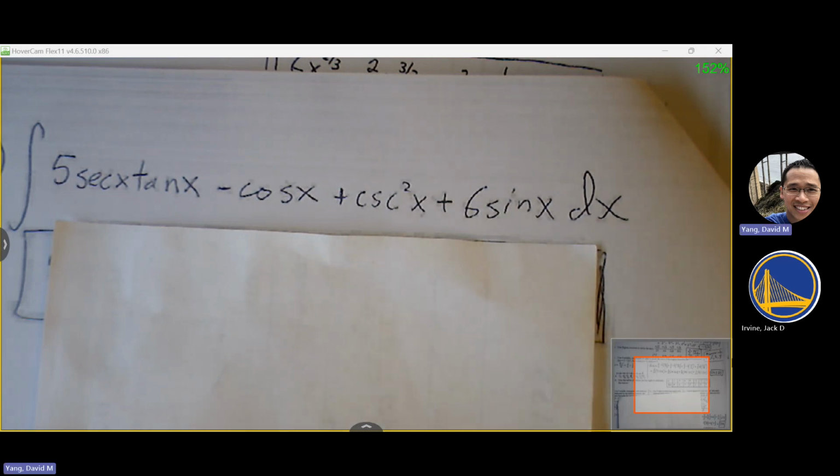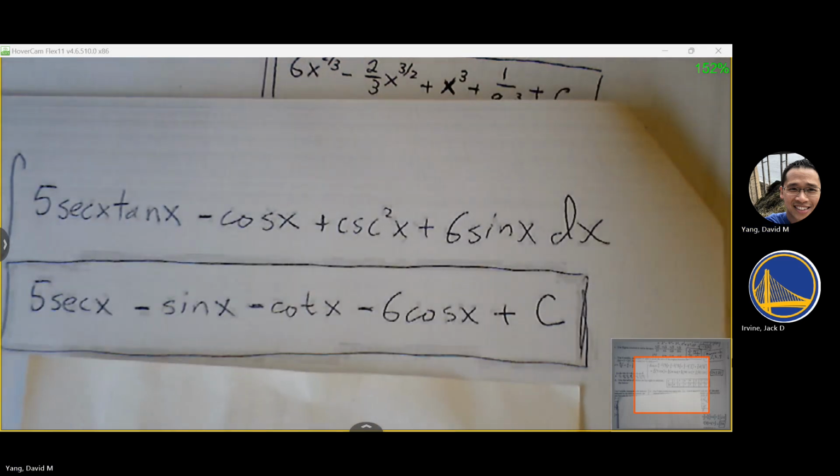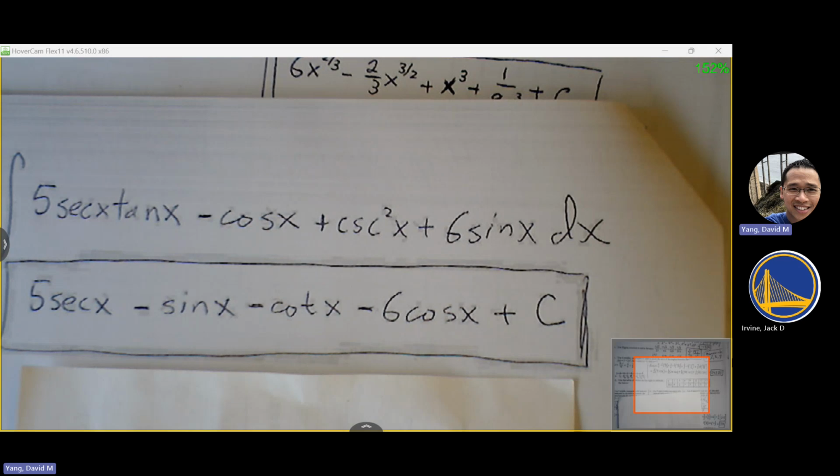Secant tangent becomes secant. Cosine becomes sine. The negative still stays. Cosecant squared is negative cotangent.